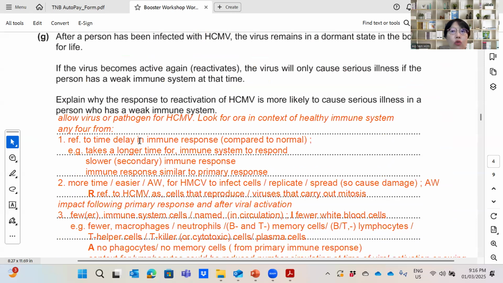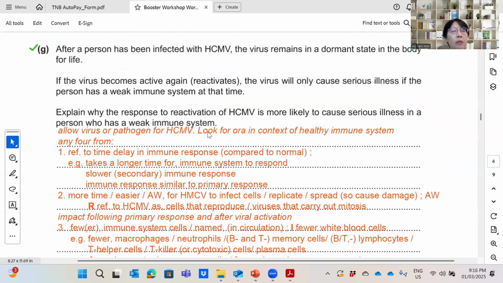Now let's go to G. After a person has been infected with HCMV, the virus remains dormant in the body for life. If the virus becomes active again, that means it reactivates, the virus will only cause serious illness if the person has a weak immune system at that time.